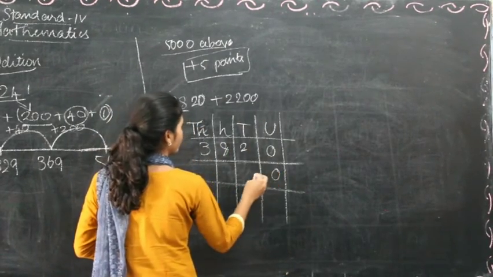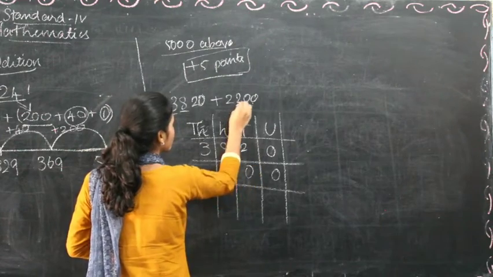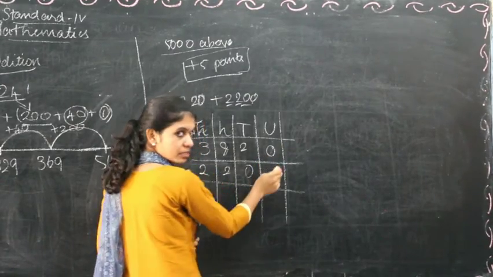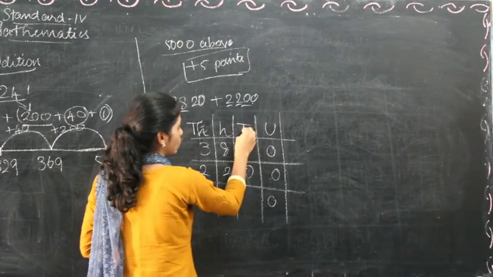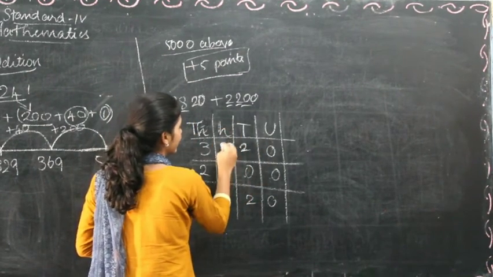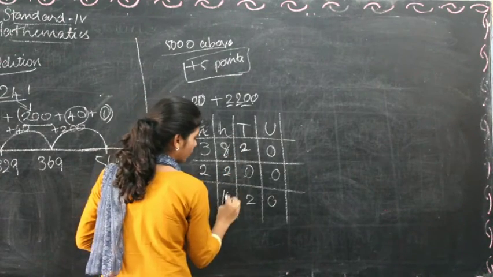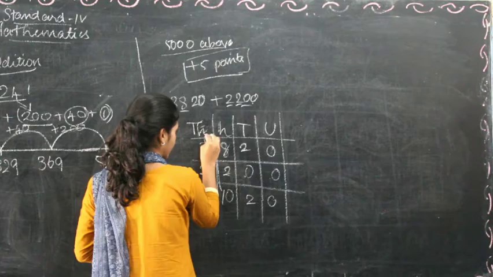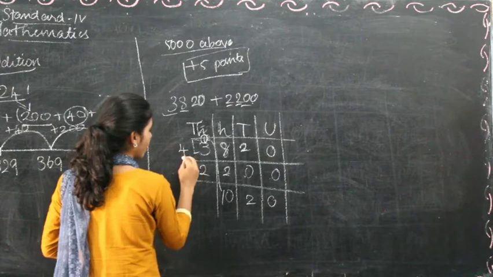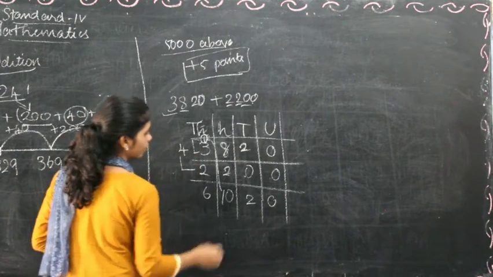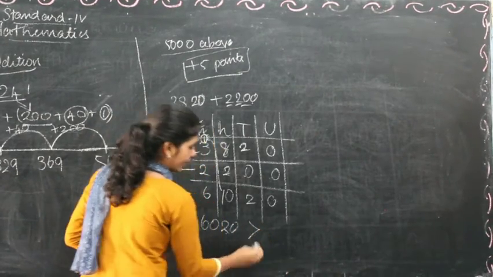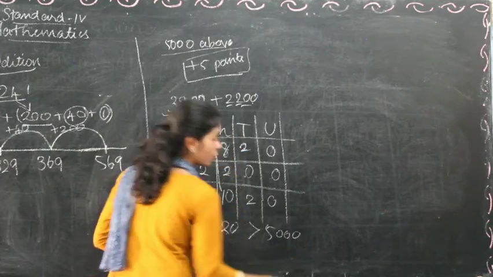Here 0 units, 0 tens, 2 hundreds, 2 thousands. Adding units, 0 plus 0 will be 0. Tens, 2 plus 0 will be 2. Hundreds, 8 plus 2 will be 10. Now we carry this to thousands, 1 plus 3 will be 4, and then 4 plus 2 will be 6. We are getting 6,020, which is greater than 5,000. So we are getting 5 points.